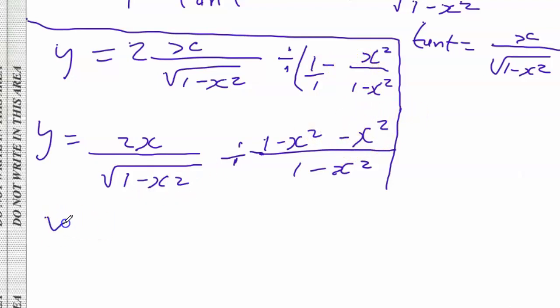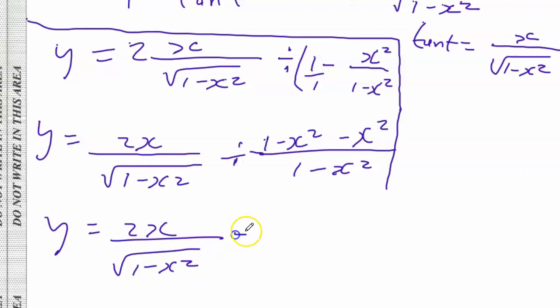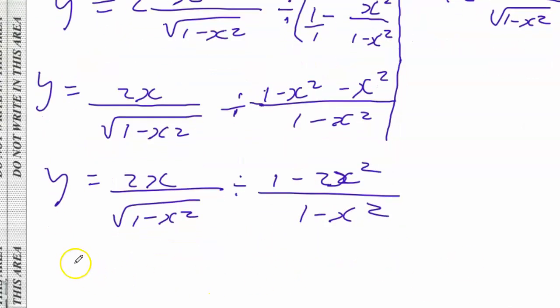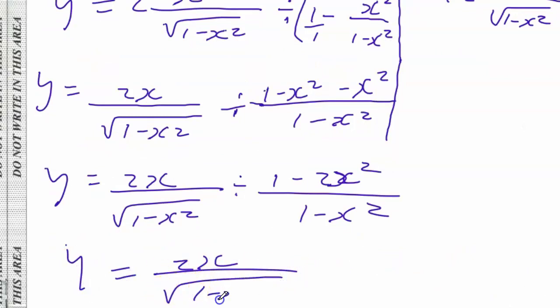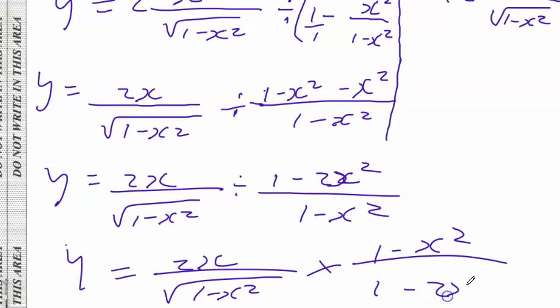So we end up with y equal to 2x over root 1 minus x squared, divided by 1 minus 2x squared over 1 minus x squared. And we multiply and we invert, so 1 minus x squared over 1 minus 2x squared.